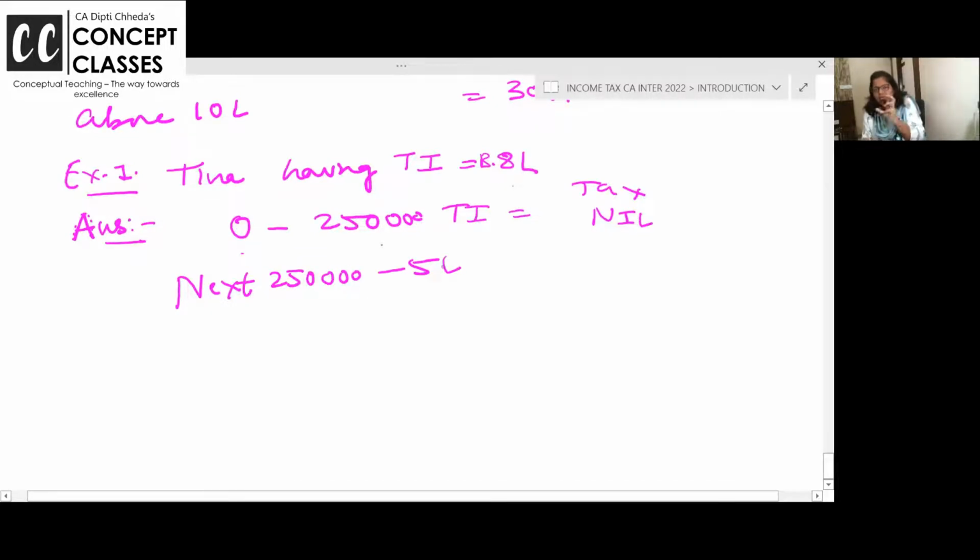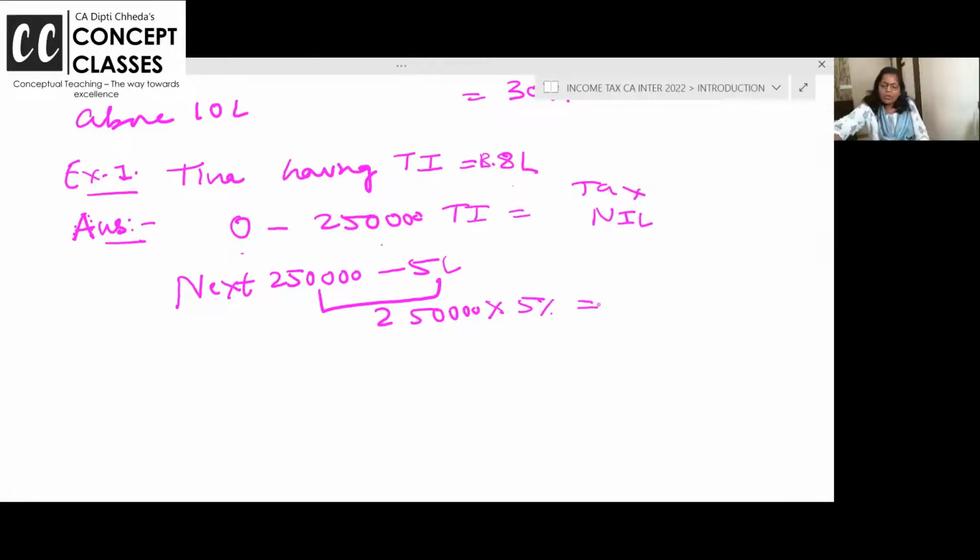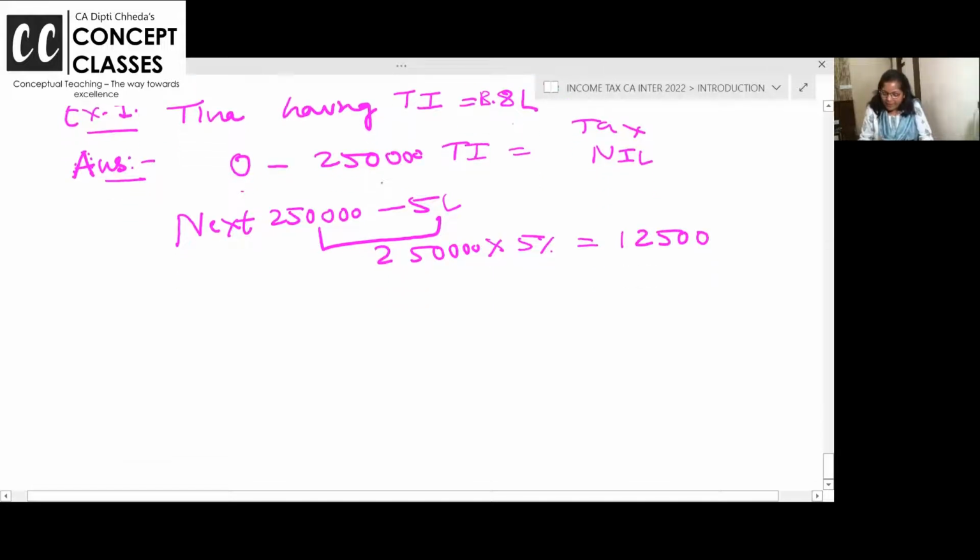How much is the income from 2,50,000 to 5 lakh? It's coming to 2,50,000. On this 5%. Pick up your calculators. बाद में तो ये सब याद हो जाएगा और बहुत मजा आएगा जब एक स्पीड आ जाएगी ना. 2,50,000 into 5% is 12,500. Next.